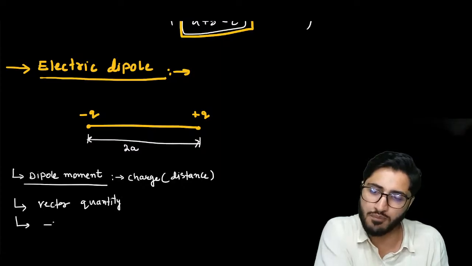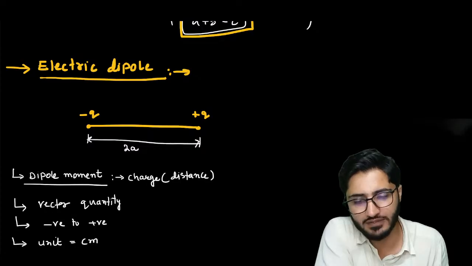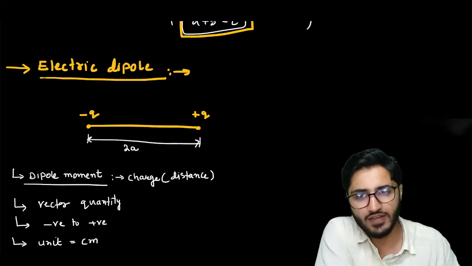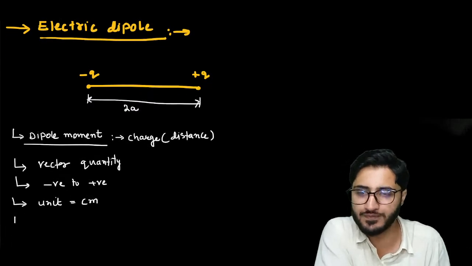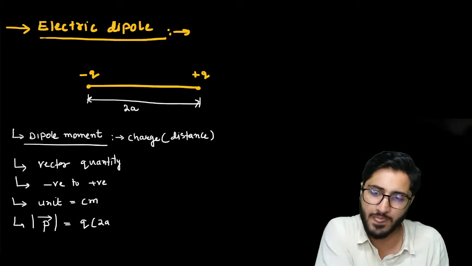It goes from negative charge to positive charge. If we talk about its units, it is coulomb meter. And if we talk about its magnitude, we denote it by letter P. Its magnitude is q into distance, that is 2a.